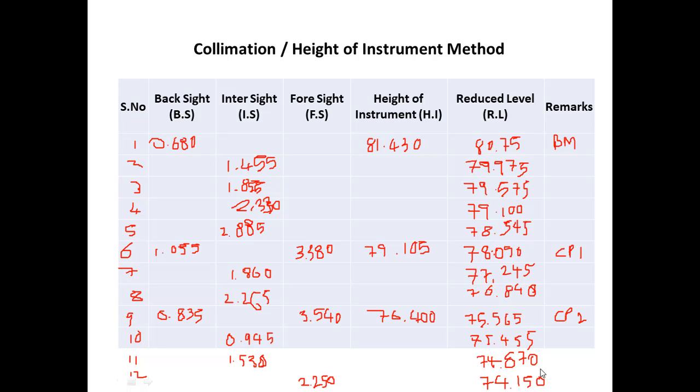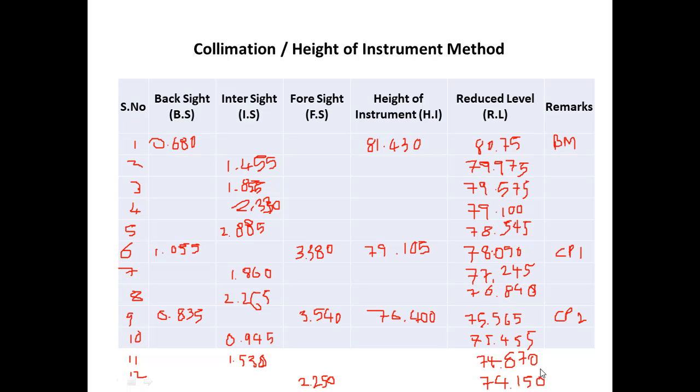So up to this, booking of the leveling readings and the calculation of reduced level is over. Now we have to do the check whether our calculation is correct or not.